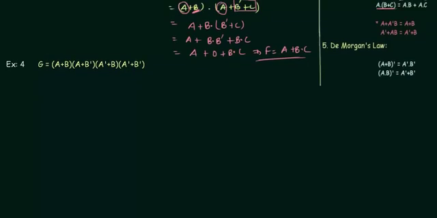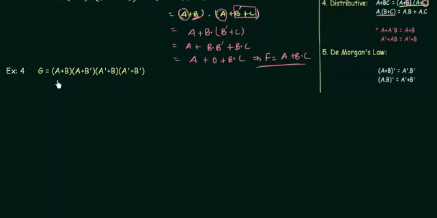Again we will use the distributive law, because if I see the first two, in this a is common, and if I see the last two, in this a complement is common. So let's use the distributive law. Function g is equal to a or b and b complement, and in the same way I have a complement or b and b complement.